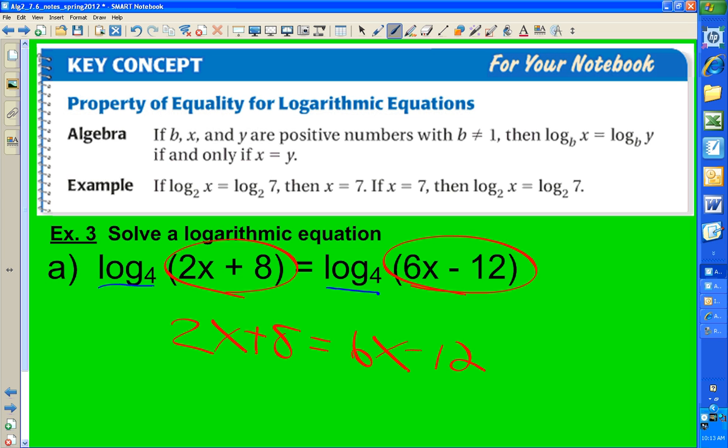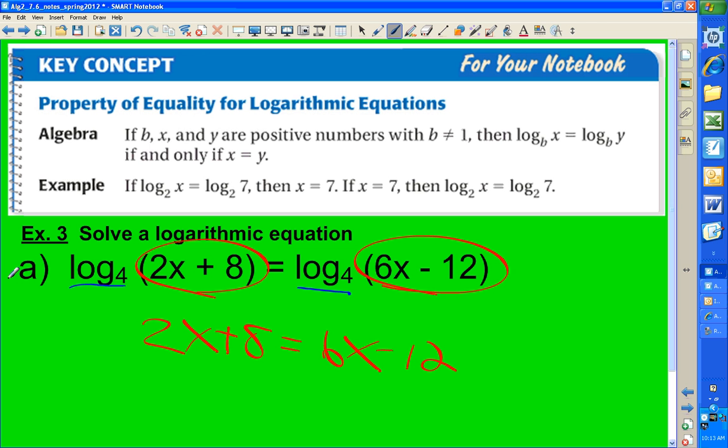Now I want to put the bug in your brain right now. You got to check your answers on this. You have to always check them in the original. And you got to remember that when we're taking logs, what you're taking the log of has to be positive.